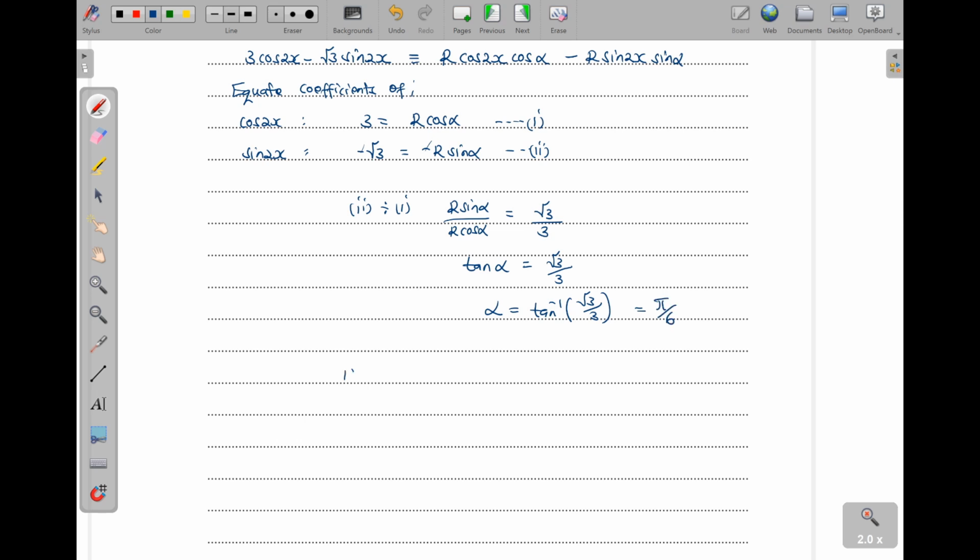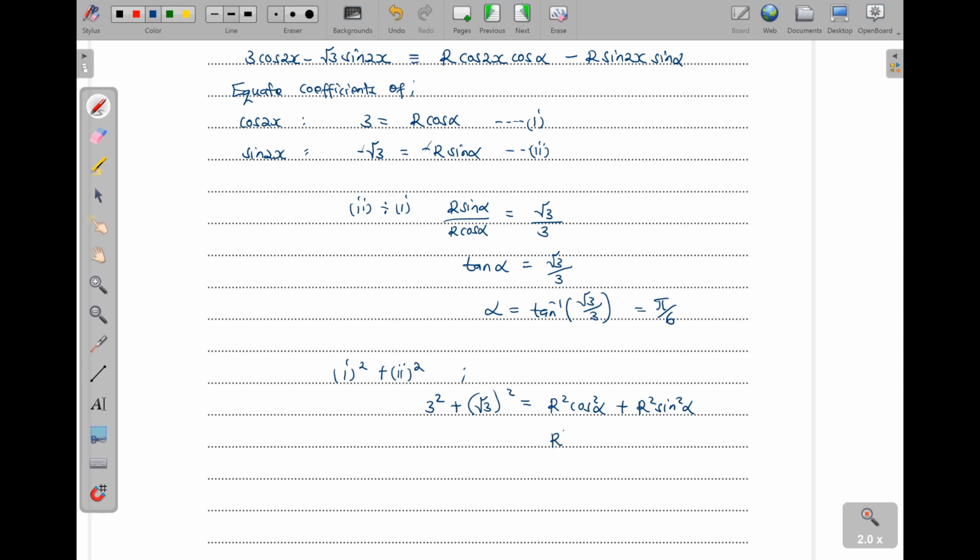Then, if I get equation 1 and I square it, then plus equation 2, and I also square it, because I know cos squared plus sine squared gives us something, okay? So we are going to have 3 squared, then plus negative. It's not actually negative. The negative disappeared. So root of 3, then squared, is going to be equal to r squared cos squared alpha, then plus r squared sine squared alpha.